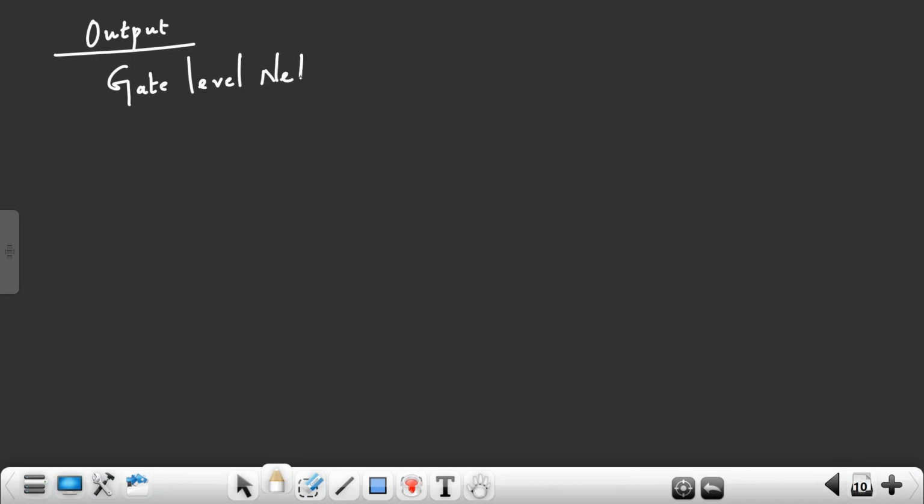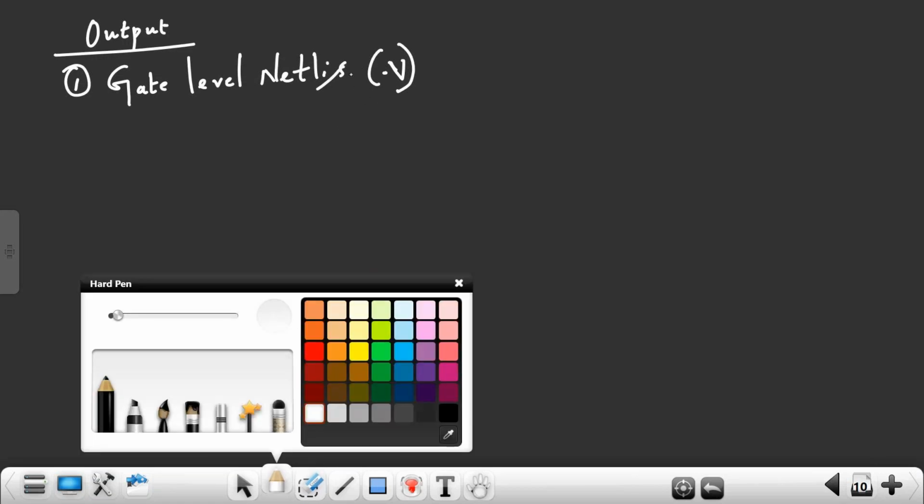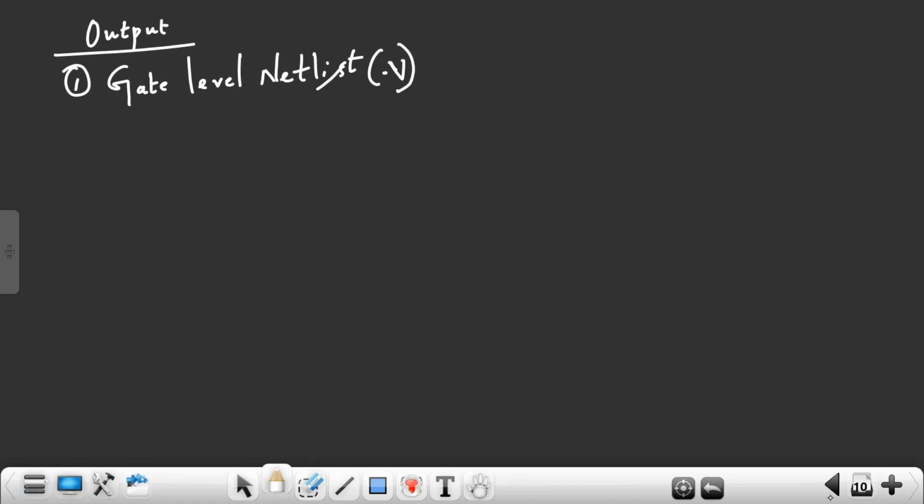Then what is this gate level netlist? A gate level netlist is also Verilog code. This is also .v. What is .v the extension for? Verilog.